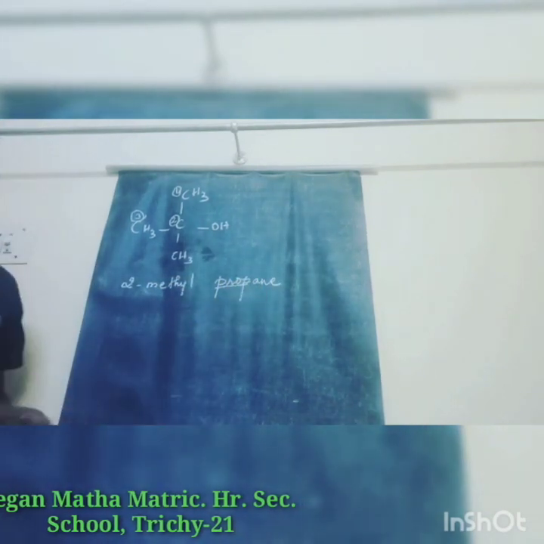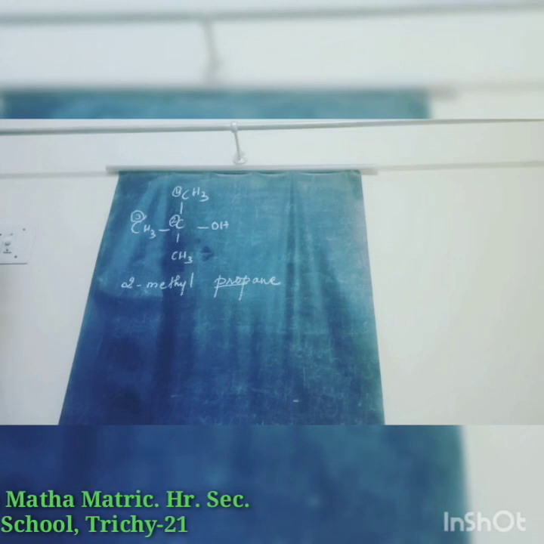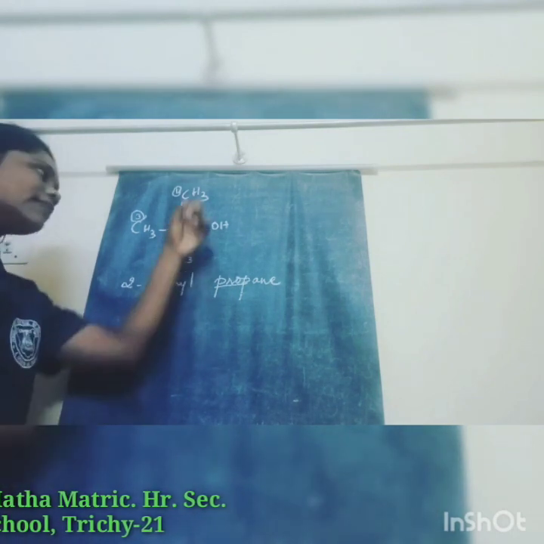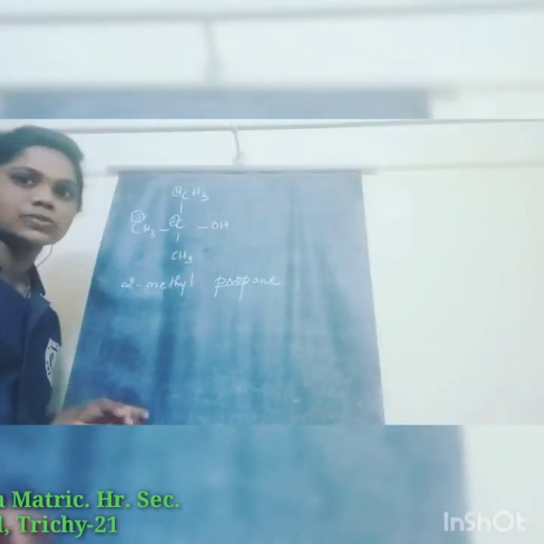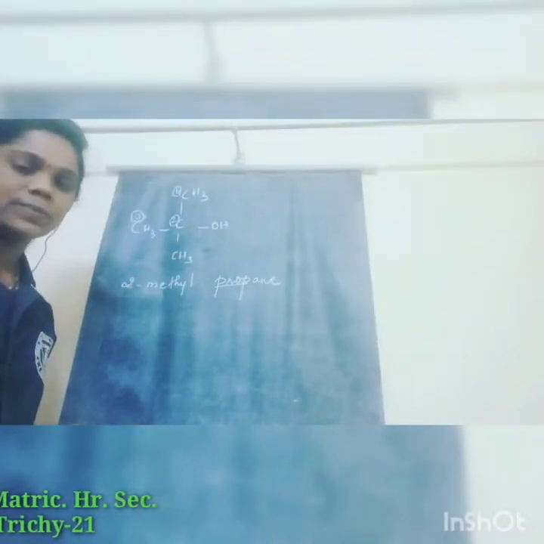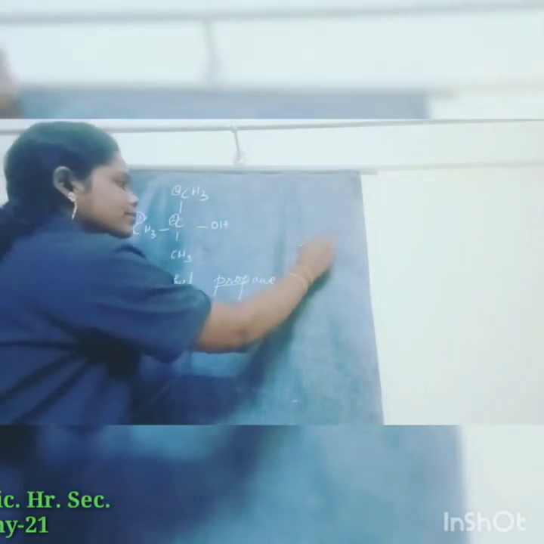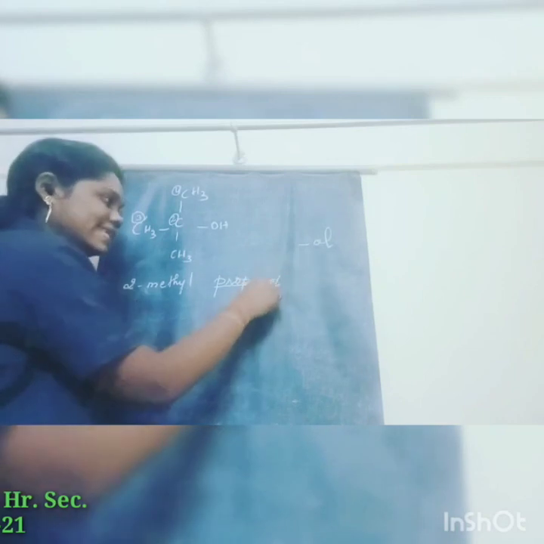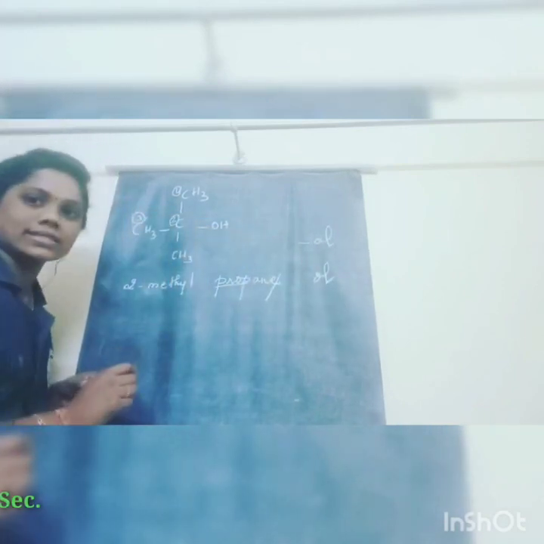And the next one is ane, which is the primary suffix. And then the secondary suffix: is any functional group present here? Yes, OH is the functional group, which means alcohol. The alcohol secondary suffix is ol, so here we remove e and add ol. What is the position of OH?